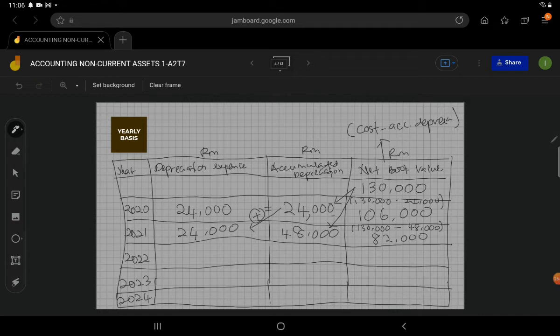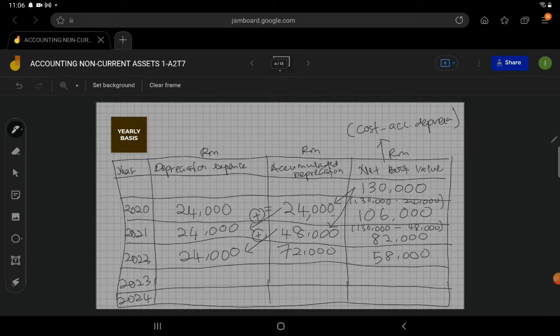Right? 2022, still the same. Okay, the depreciation expense and then the accumulated depreciation. Okay, last year accumulated depreciation kita tambah dengan depreciation expense for the current year. So kita akan dapat 72,000, and then the net book value 58,000.